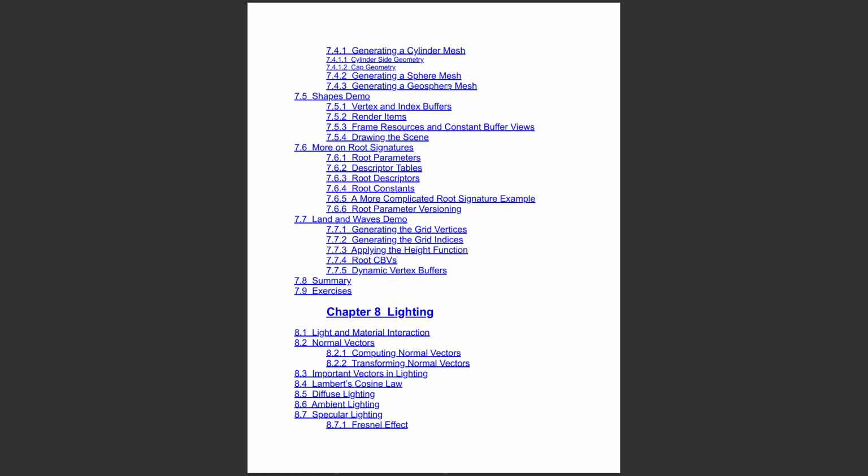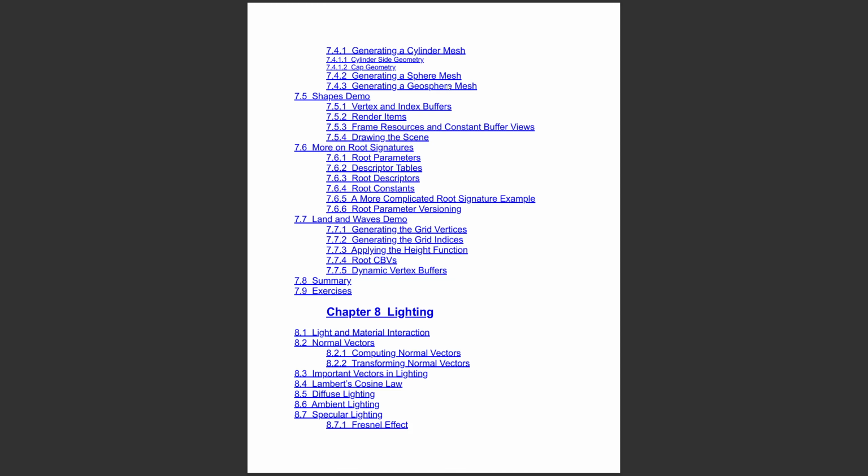And then we have more on root signatures, in which case root signatures have their root parameters, they have their descriptor tables, the root descriptors, and the root constants. And a more complicated root signature example, I can't recall what it is.